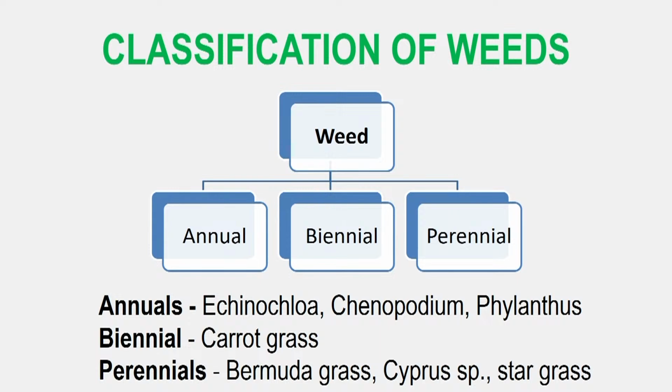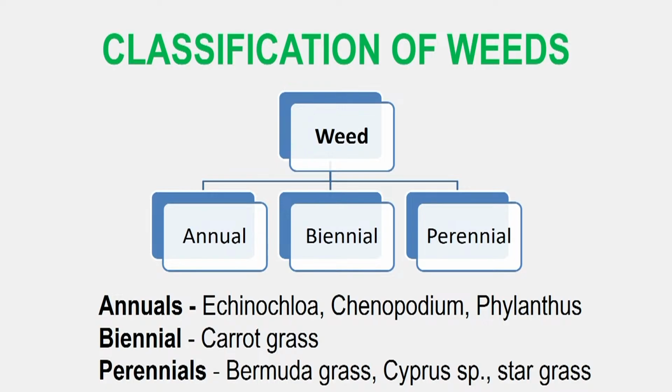Now let's first understand the classification of weeds. Based on the life cycle, weeds are classified into three categories. First category is annual. Here the life cycle of the weed is completed in a single year or a single season.